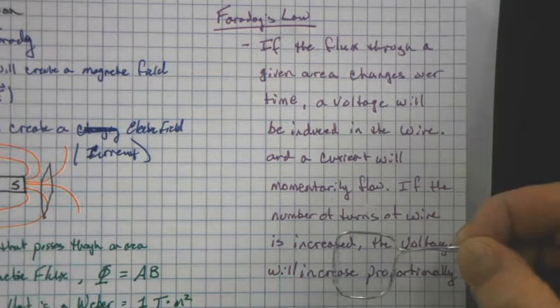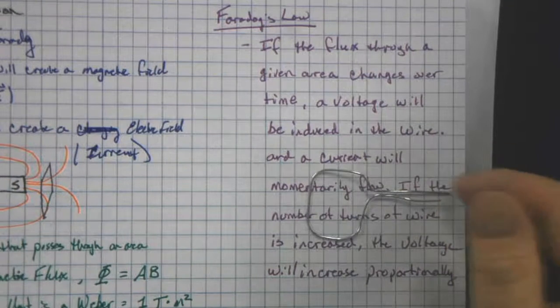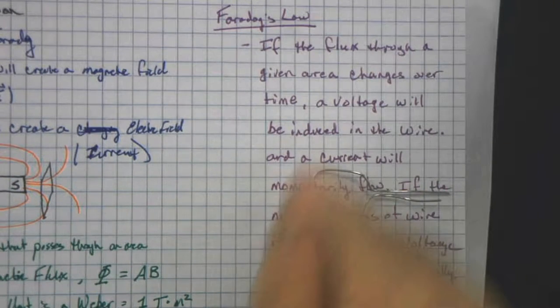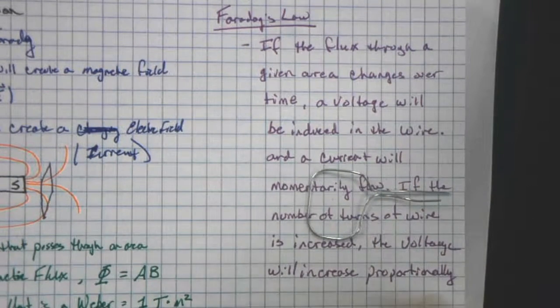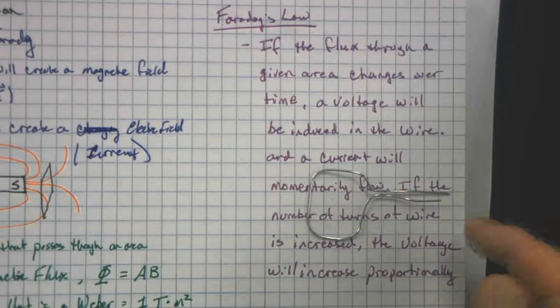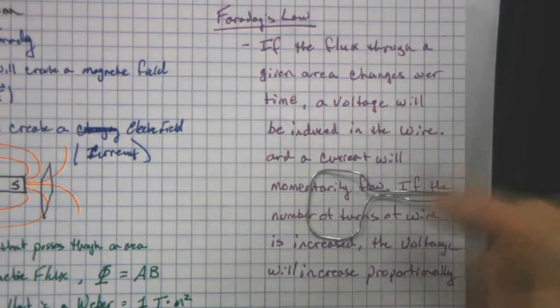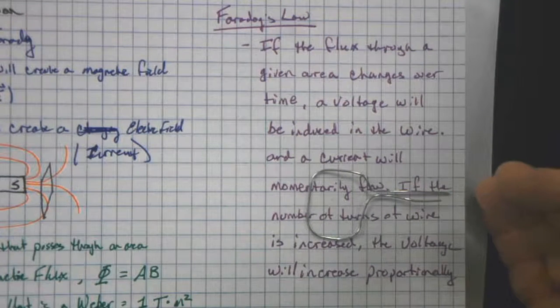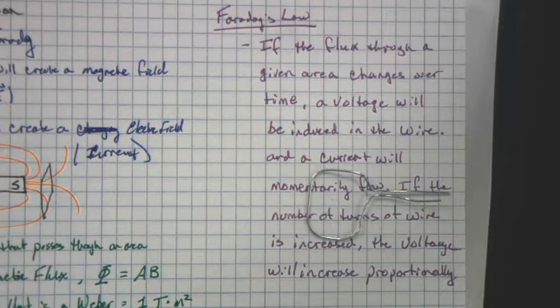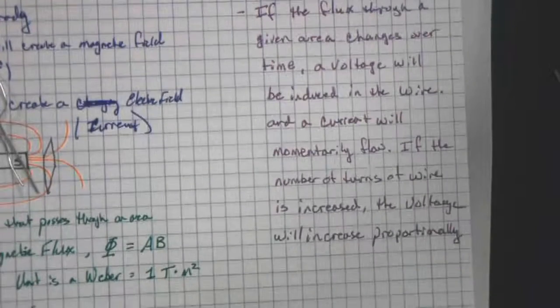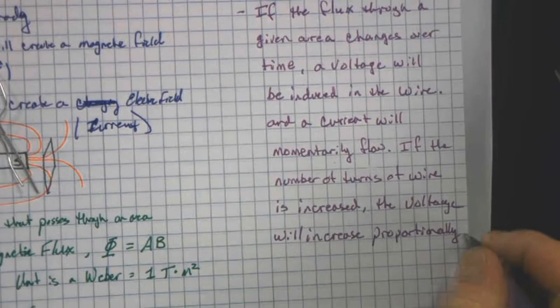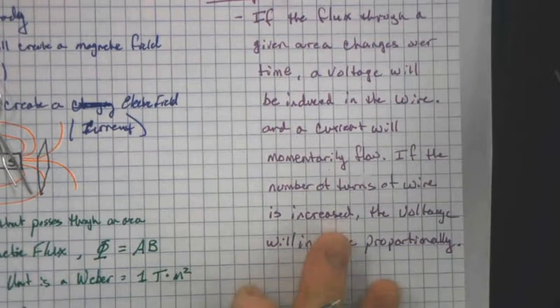If I were to make a wire come in and go around, make a few more loops and then go out, the voltage will increase proportionally to the number of loops that I have. So if I put another wire in there, it would double the voltage. If I put 3 loops of wire, it would triple the voltage. 5 loops would quintuple the voltage. You just multiply it by how many loops you have that are doing the spinning. Okay, we got this?